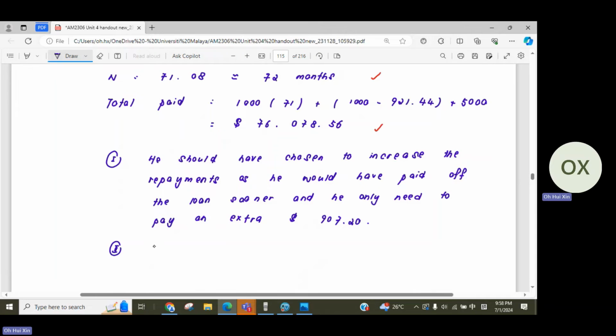Okay, so if let's say you are choosing the second one, then it will be quite straightforward already. So he should have chosen the reduced interest rate, because basically the value that you need to pay for the vehicle is much less.